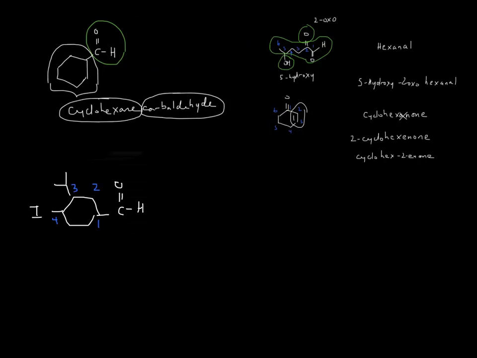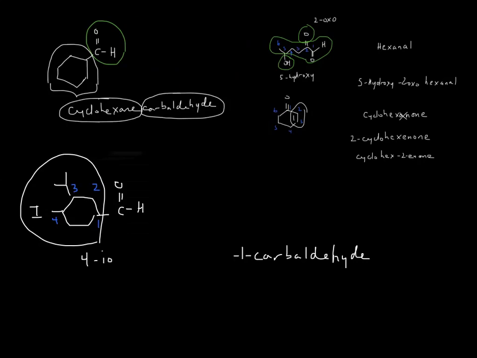So right off the bat, we know that we're going to have a 1-carbaldehyde at the end of our name. And we would have a cyclohexane here, which has a 4-iodo and a 3-isopropyl. So the 4-iodo would come first because iodo comes before iso. 3-isopropyl.